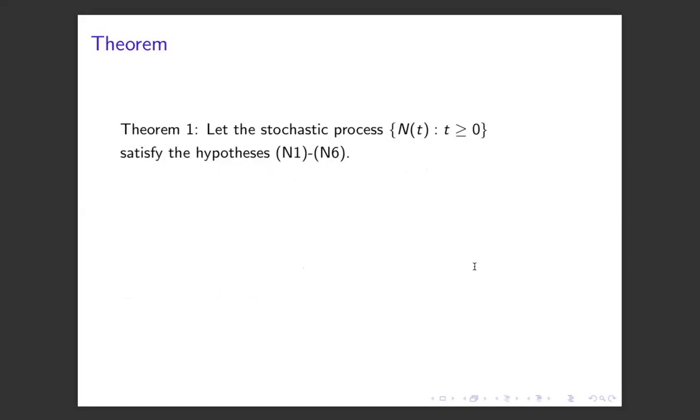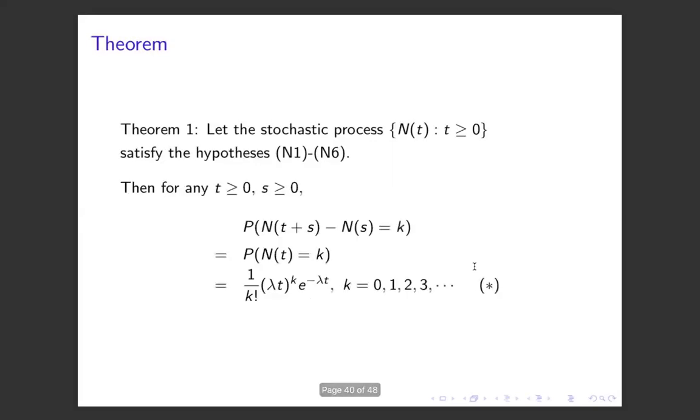So let the counting process Nt satisfy the hypotheses N1 to N6. Then the result says, for any t greater than or equal to 0 and s greater than or equal to 0, probability N of t plus s minus Ns equal to k, by our assumption N4, that is time homogeneity or stationarity of the increments, this probability is the same thing as probability Nt equal to k.